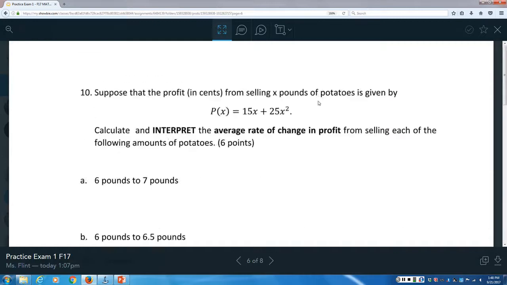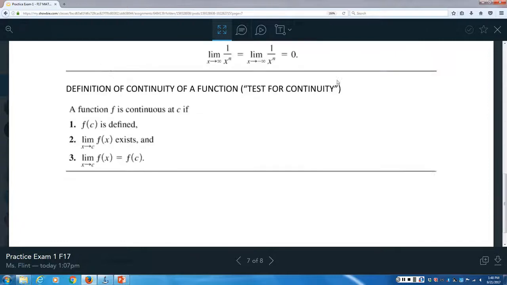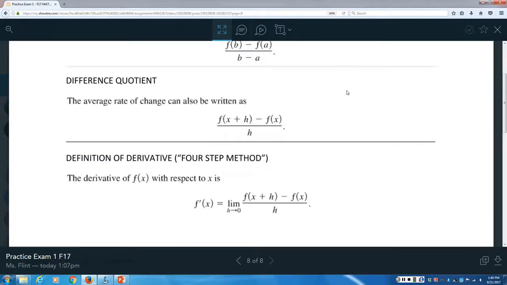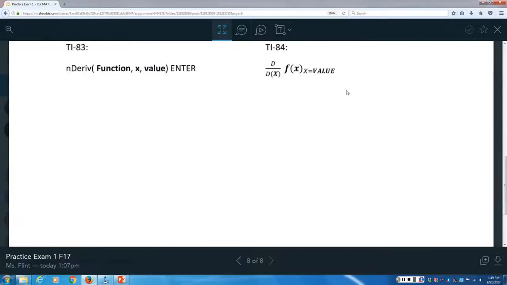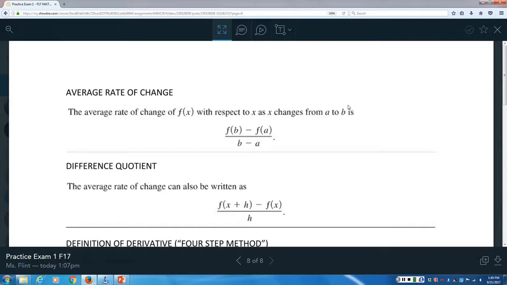As you can see here, there are 10 questions on the test, and the last 2 pages of the test are your formula sheets. This is the exact formula sheet that you'll have. So you've got the same formula sheet to do this that you'll have for the test.